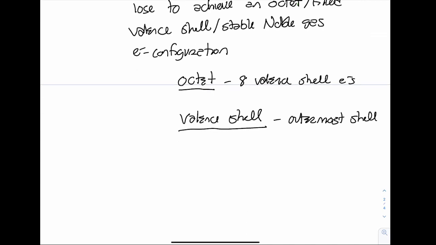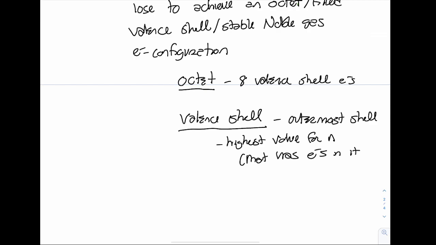Basically, it's your highest value for n that has electrons in it. And then if you were saying valence electrons, that's the number of electrons in a valence shell.